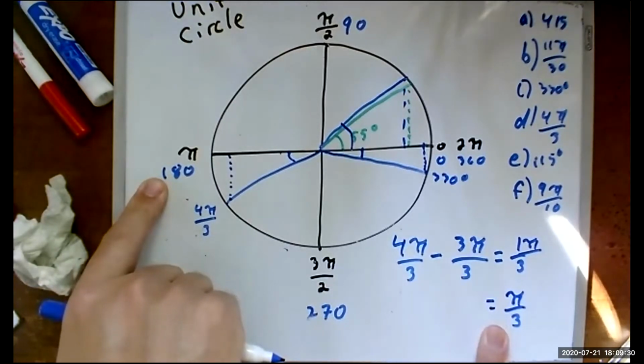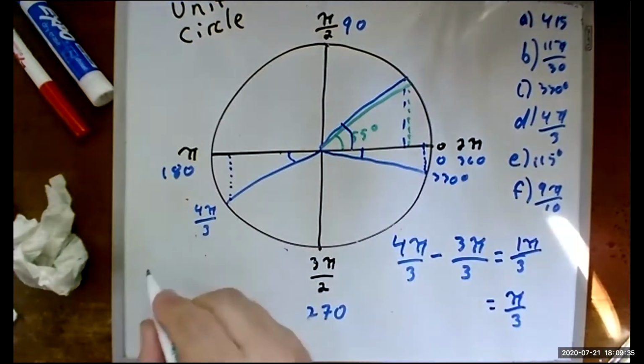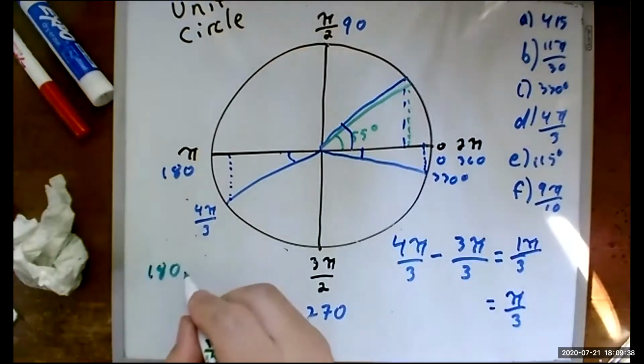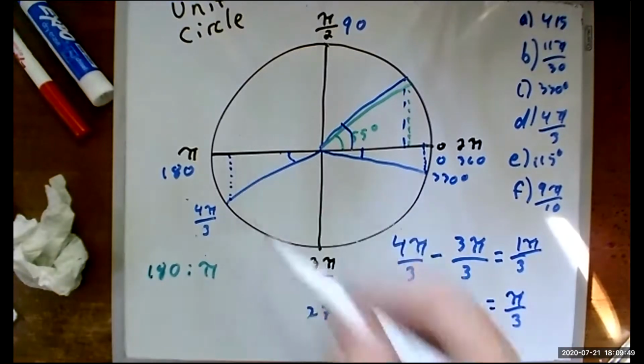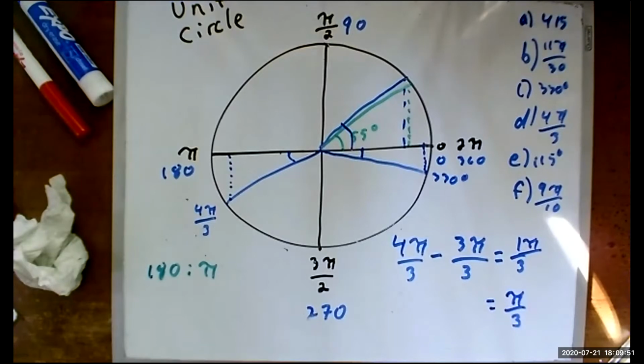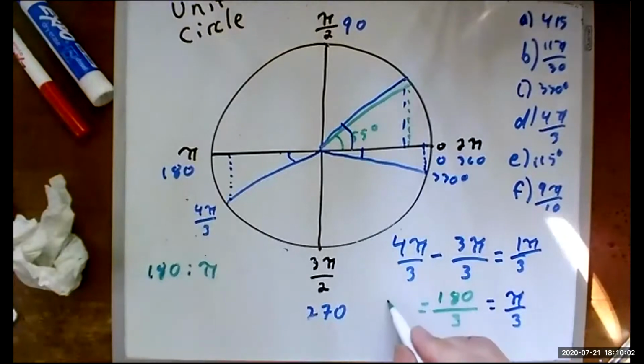Remembering that our ratio that was set up earlier when we convert between radians and degrees is 180 matches with pi, I can replace that pi with 180 right away, and it tells me that I'm immediately jumping down to 60 degrees. 3 goes into 180 60 times, so my reference angle becomes 60.